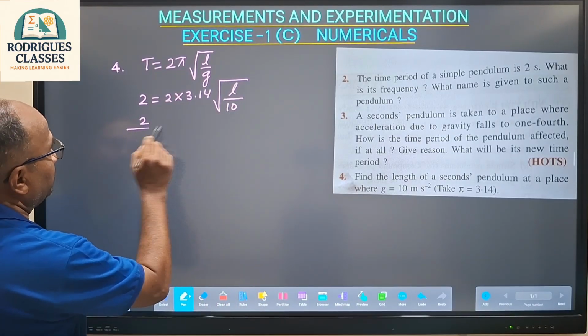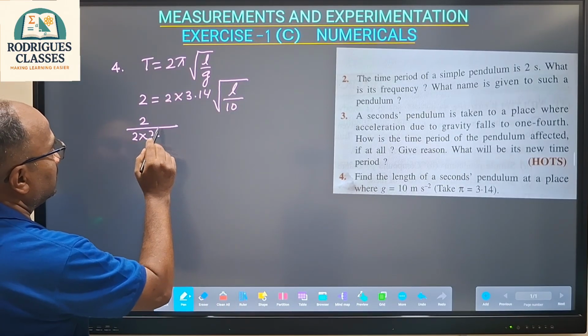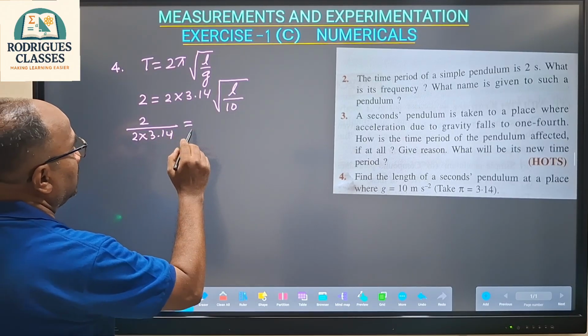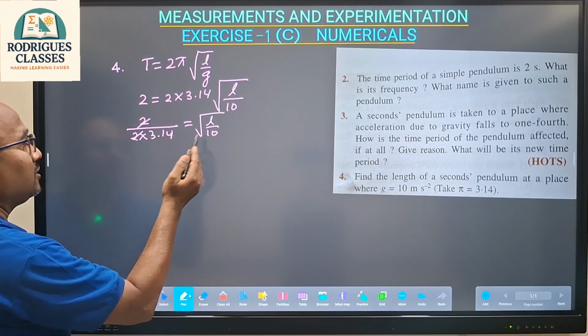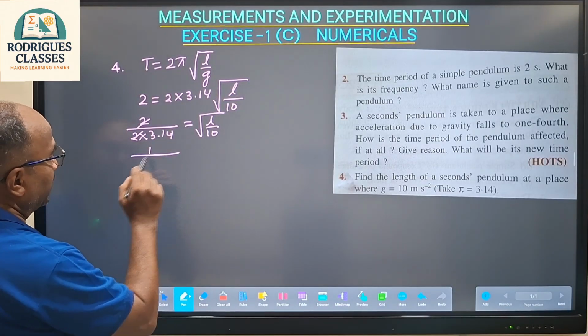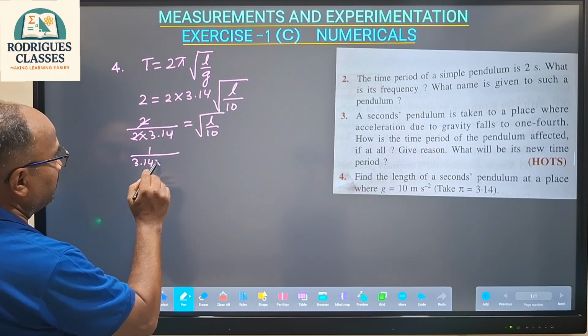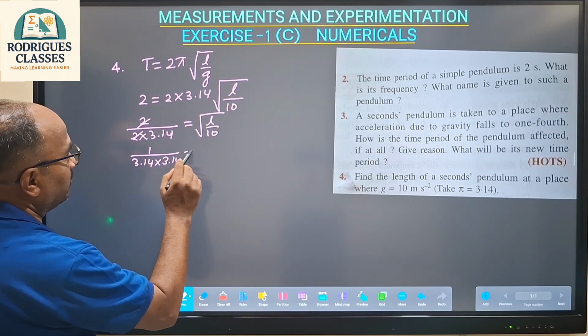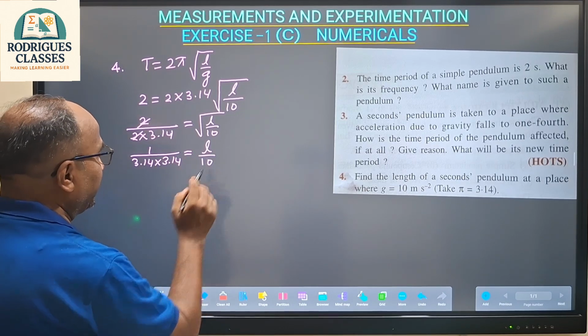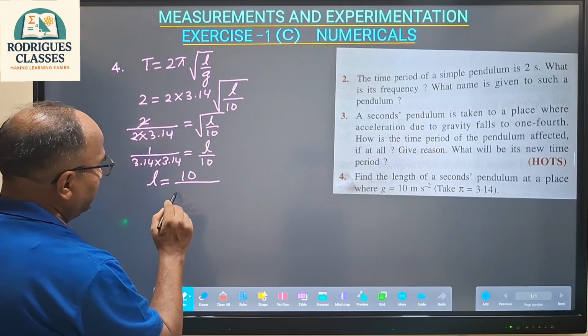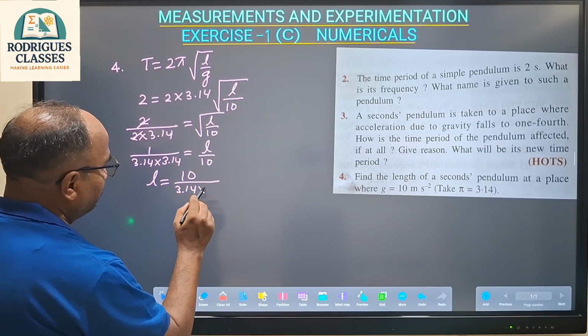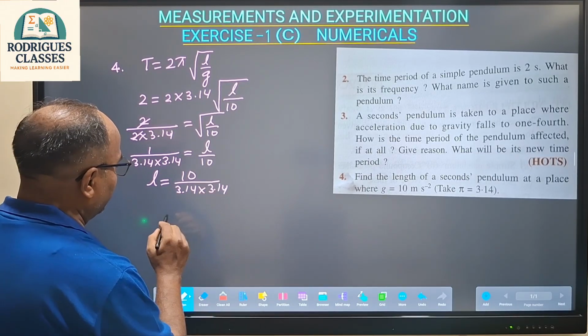This number we bring this side, equals root over L by 10. This 2 is cancelled. The root will come this side, so it will become square. So I will write 3.14 into 3.14 is equal to L by 10. So 10 will be coming here. L is equal to 10 by 3.14 into 3.14.